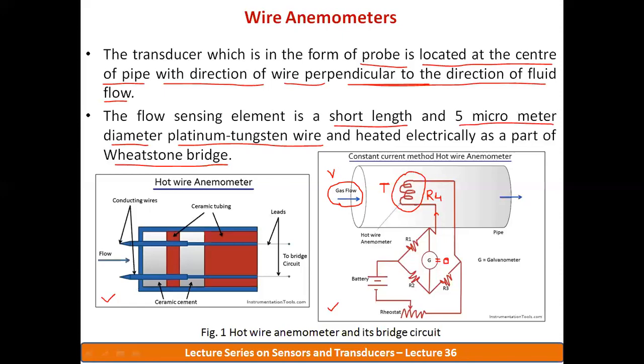When the gas flows through the sensing element, the flow of the gas is going to cool down the sensing element. When the sensing element cools down, the temperature goes on reducing.